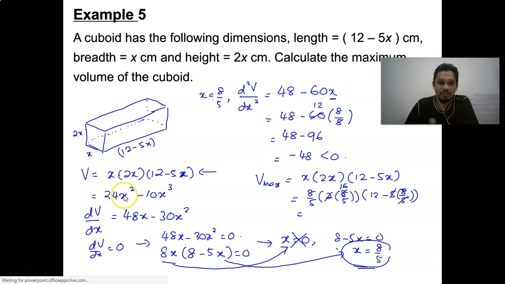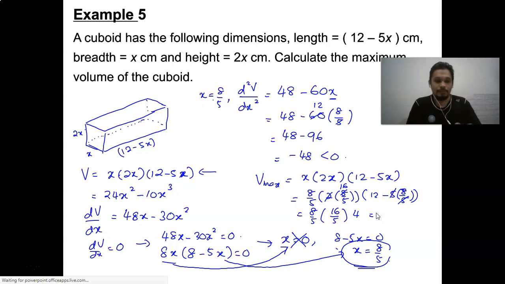We can use this equation too, but for some of you, you can substitute here and also here, still the same. Now 8 over 5 multiplied with 16 over 5, and 12 minus 8 equals 4.